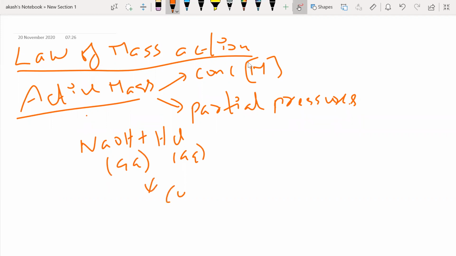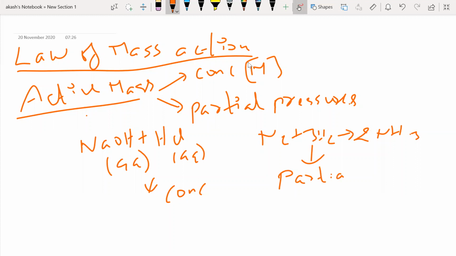But if I have a reaction like N2 plus 3H2 giving 2NH3, all these are gases. So for this reaction, obviously you'll not be able to use concentration. Then you have to use partial pressure. So depending on the reaction, but only these two, nothing else. It can be either concentration or partial pressures, depending on what kind of reaction you have.